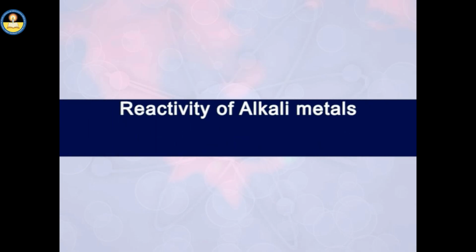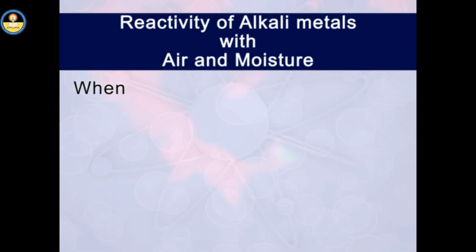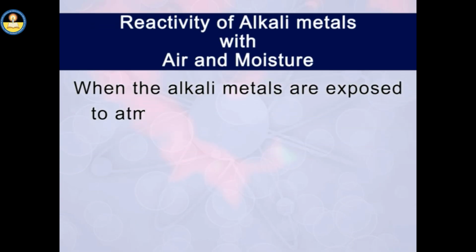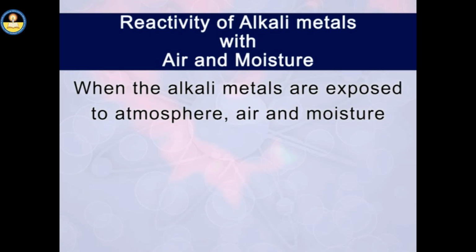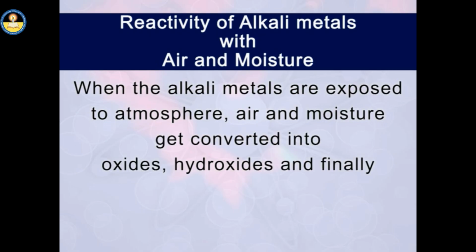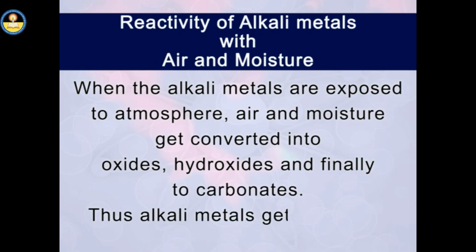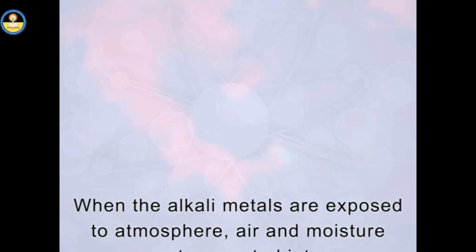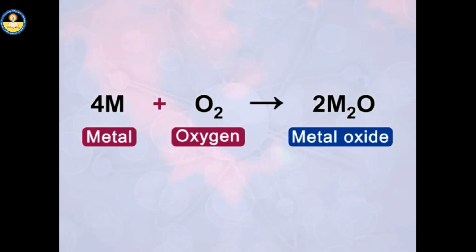Reactivity of alkali metals with air and moisture. When the alkali metals are exposed to the atmosphere, air and moisture, they get converted into oxides, hydroxides and finally to carbonates. Thus, alkali metals get tarnished. Metal reacts with oxygen to form metal oxides.